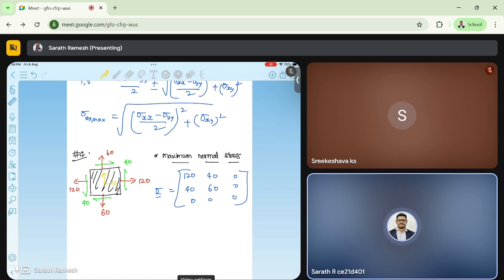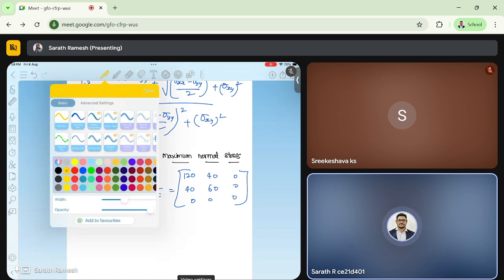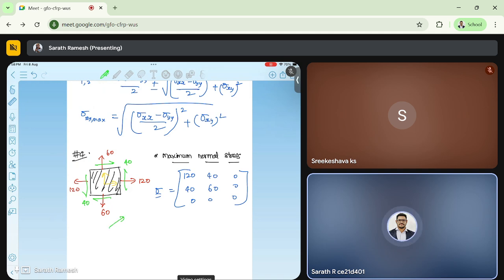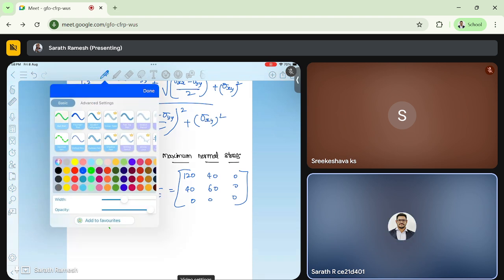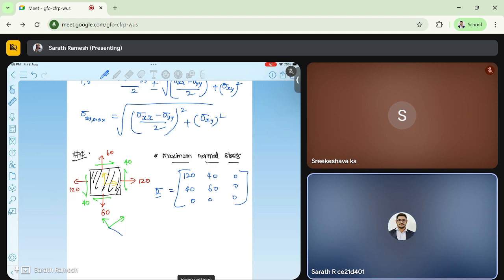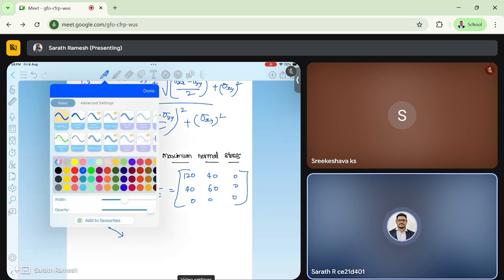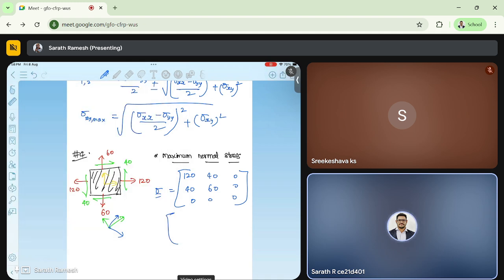When I change this basis to some EX star, EY star, I will have n number of bases. I can take anything I want, like this one or this one, any basis can come. Each of the bases will have its own stress tensor.